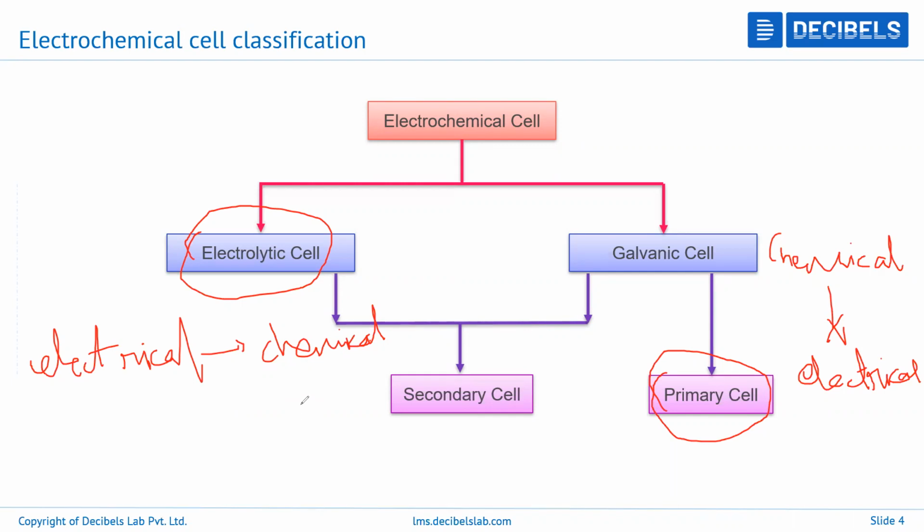We know that there are certain jewelry articles on which silver or gold, or other types of chemicals are deposited, right? And that is done through a process called electrolysis. This electrolysis works on the principle of an electrolytic cell, where an external electrical source is utilized to produce chemical energy within the device.